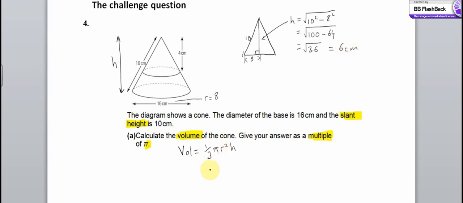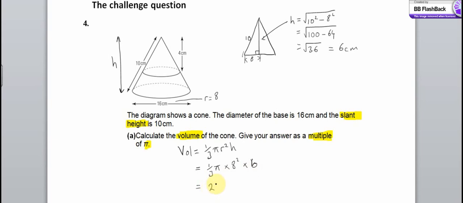which means we can now finish off the first part of the question. So it's 1/3 pi, or radius is 8, so pi times 8 squared, and the height is 6. Now, the third and the 6 will cancel quite nicely. So we've got 1/3 of 6, which is 2.